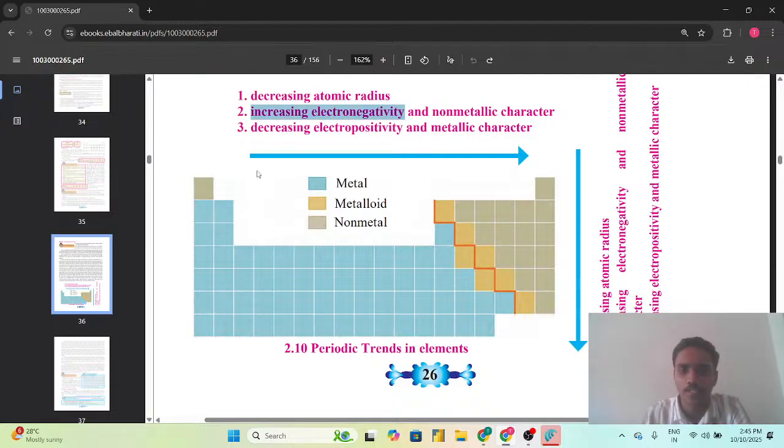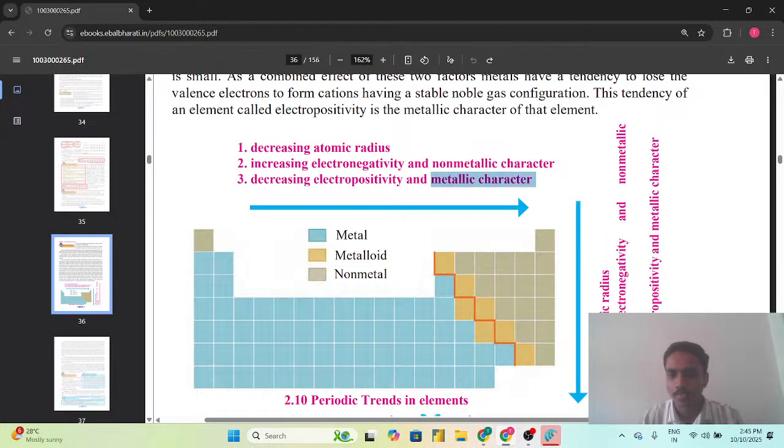Increasing electronegativity, as electrons will be added and atomic number goes on increasing. Non-metallic character increases because we are moving towards the non-metals, and electropositivity decreases. It is simple: if electronegativity is increasing, electropositivity will decrease, and the metallic character also decreases, as we have the non-metals at the right-hand side and metals at the left-hand side.